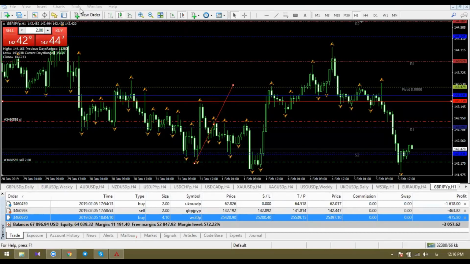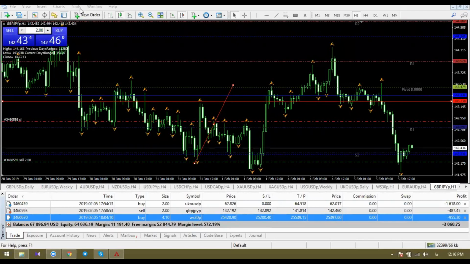I'm free tomorrow in the evening. If the market is good, I would announce it. And in the evening, we probably have a good market. Until evening it is sideways.